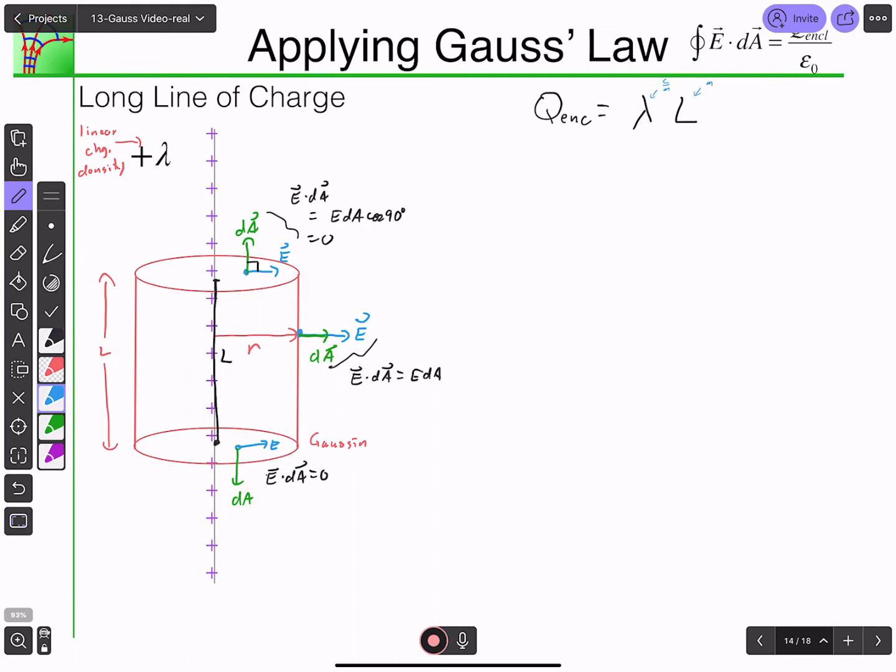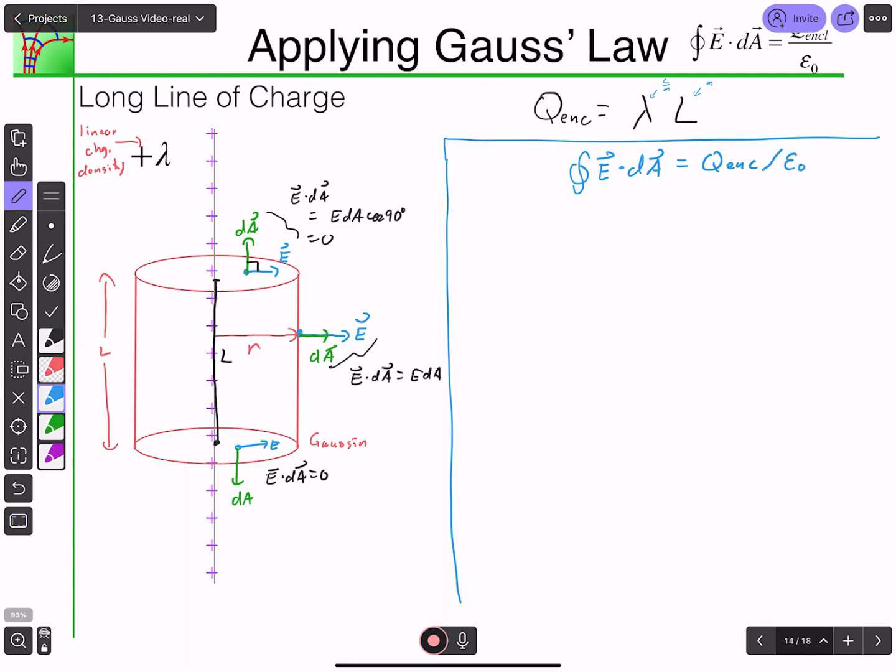So we have Q enclosed, so now we have everything we need to calculate the electric field at any point. Here's how we do it. We start by writing down Gauss's law: the integral of E dot dA is equal to Q enclosed over epsilon naught. I'm going to write it down for the three different areas: the top, the bottom, and the wall.